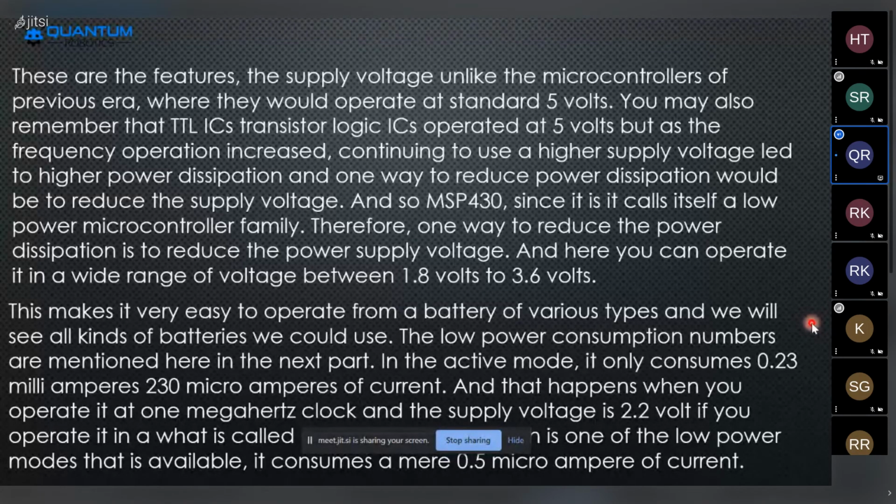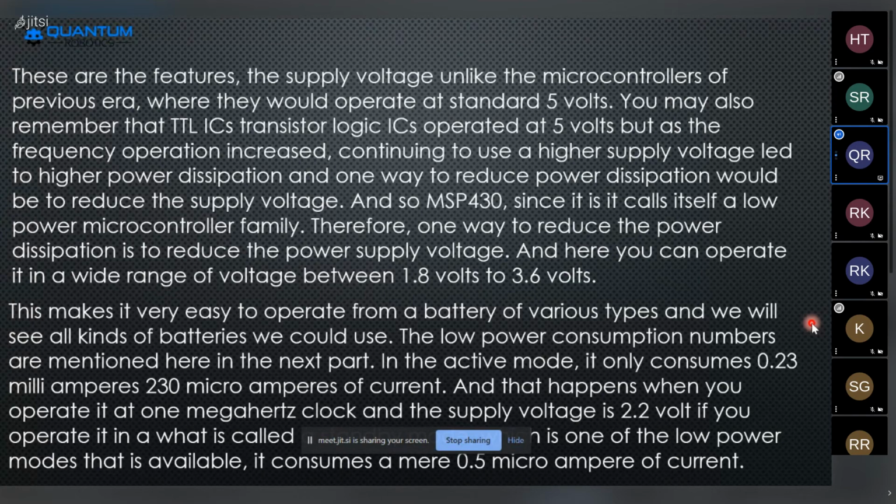Here we are getting TTL, transistor-transistor logic. Logic ICs are operated at 5 volts, but as the frequency of operation increases, continuing to use a higher supply voltage led to higher power dissipation. One way to reduce power dissipation would be to reduce the supply voltage.